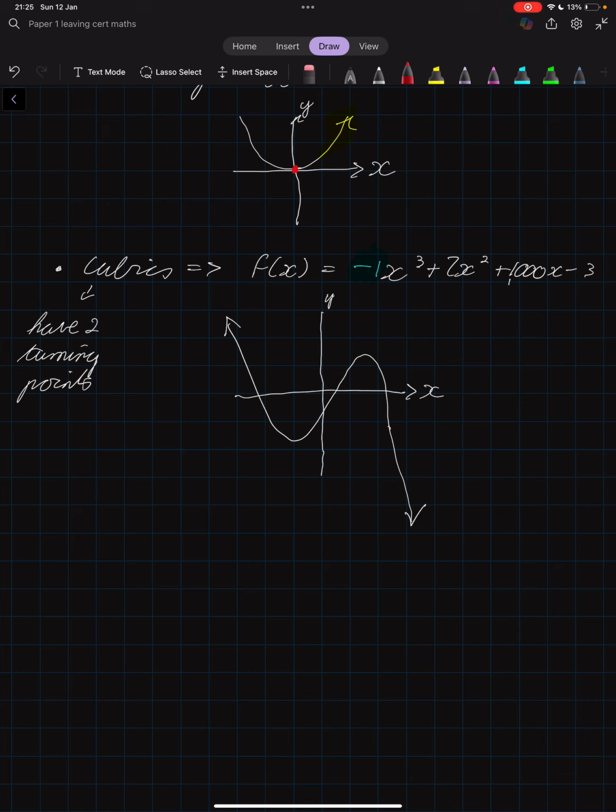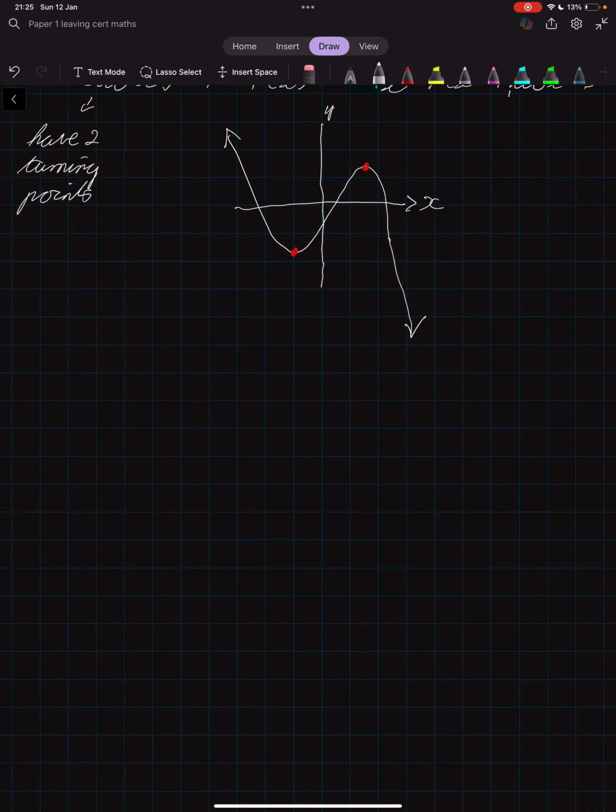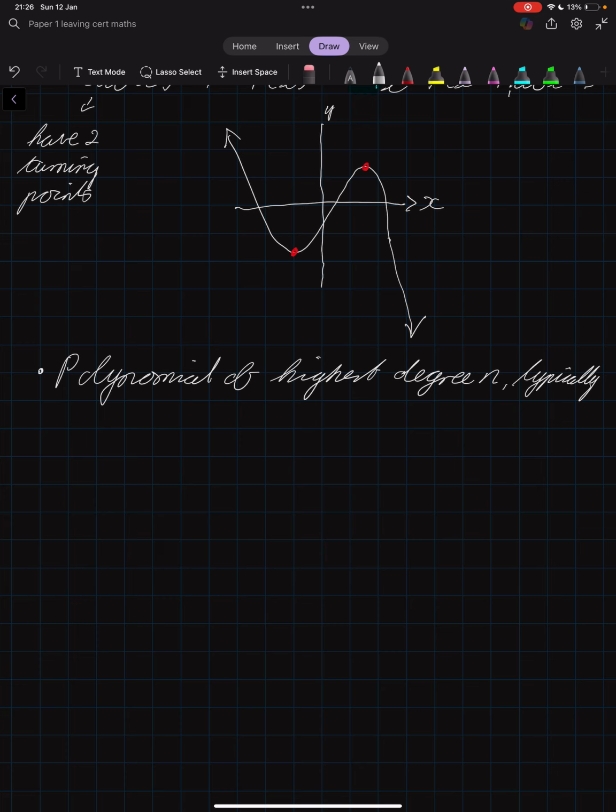So if you have a polynomial of highest degree n, then you will have n minus 1 turning points, typically. Okay? And then that's how you draw them.